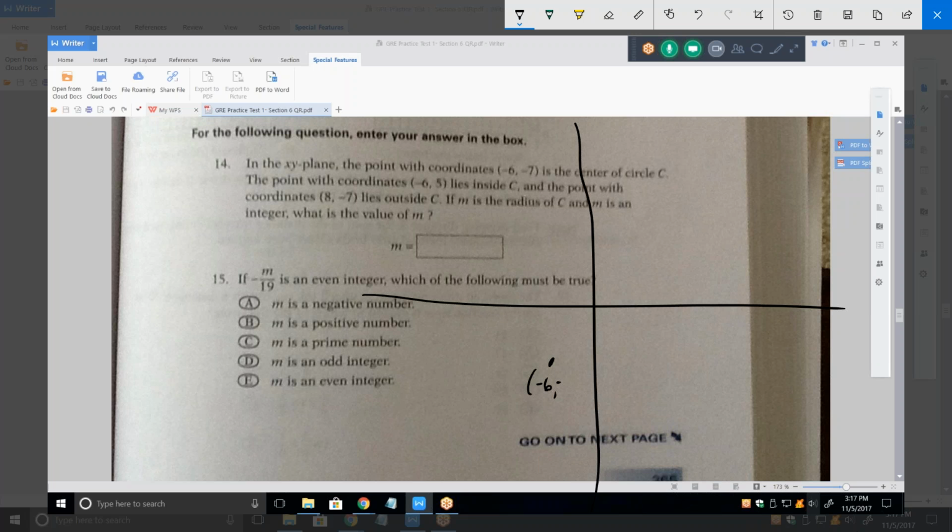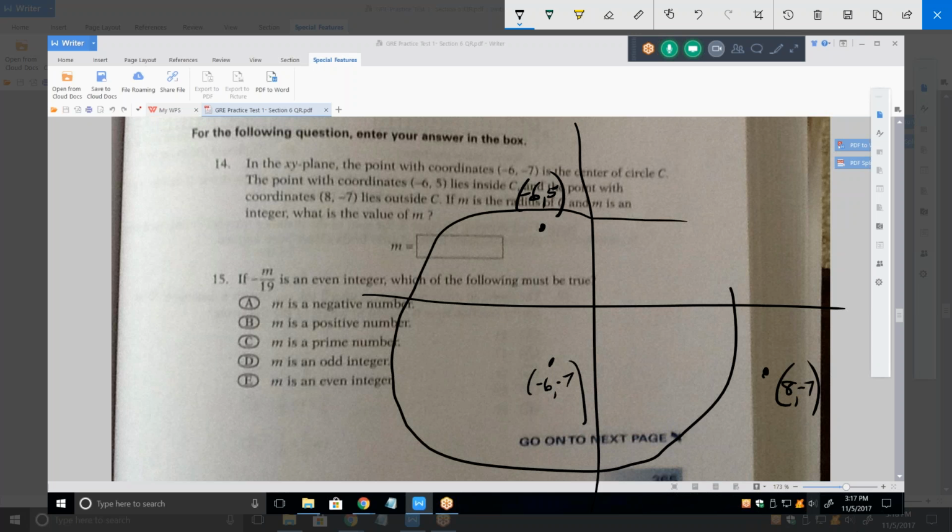There's the center of one circle. And minus 6, 5 lies inside the circle. 8, minus 7 lies outside the circle. So therefore, I must have a circle something like this. You with me? Correct. Yes. So there's my picture.